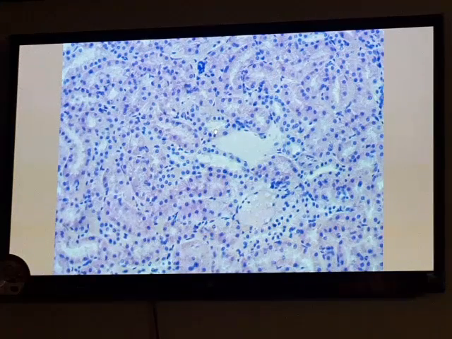This is the distal convoluted tubule, and this is the proximal convoluted tubule. This is another proximal. Is the difference clear? Wider lumen without a brush border, more cells and smaller cells.